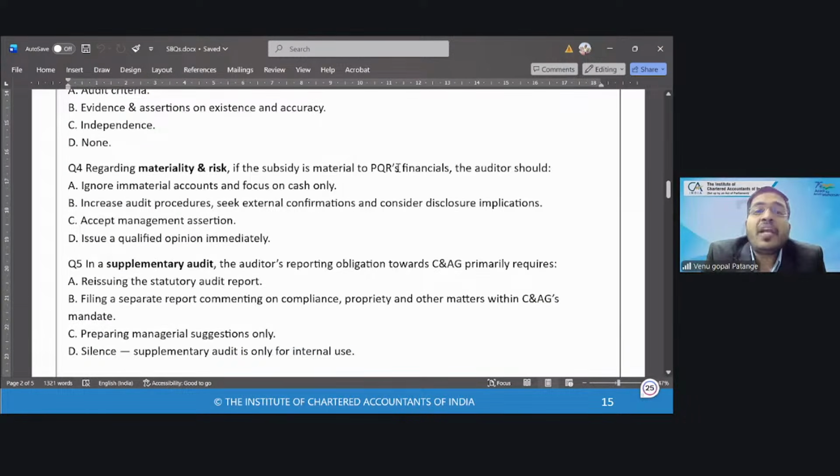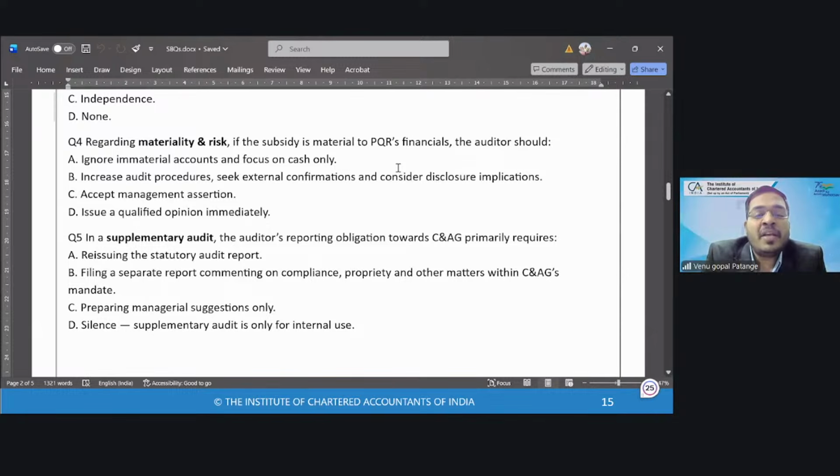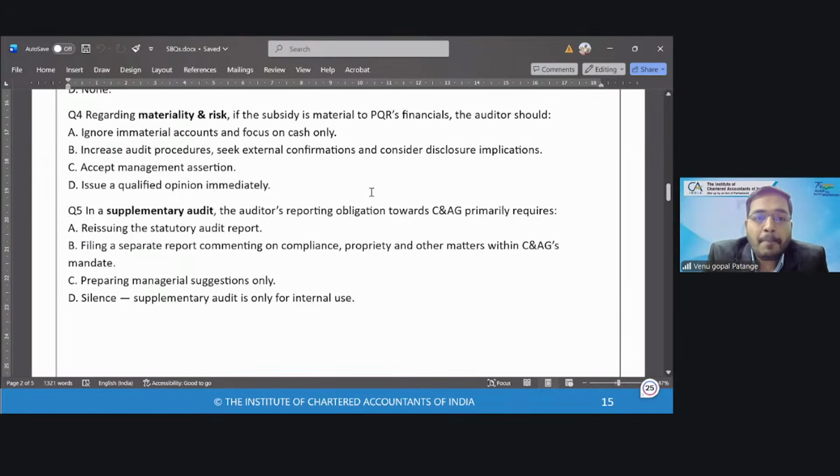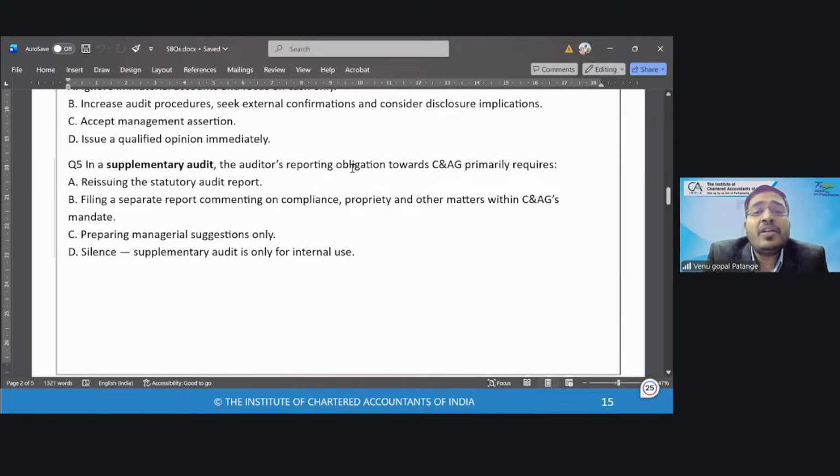Okay, regarding materiality and risk, the subsidy is material to PQR financials. What should the auditor do while he is doing the audit? He should increase audit procedures, seek external confirmations, and consider disclosure implications. So in a supplementary audit, the auditor's reporting obligation towards C&AG primarily requires what?